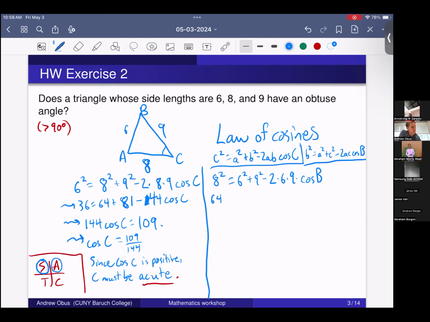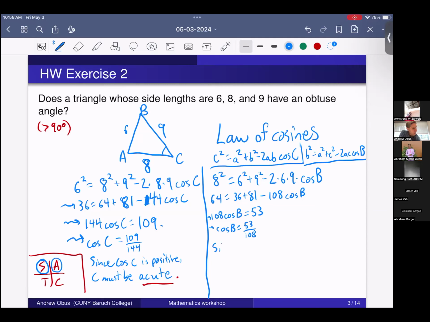So here we have 64 equals 36 plus 81 minus 108 cosine B. And so you add the 108 cosine B to both sides, and if you subtract 64, you're going to get 108 cosine B is equal to 53. You can do the algebra if you want to. And so cosine B is equal to 53 over 108.